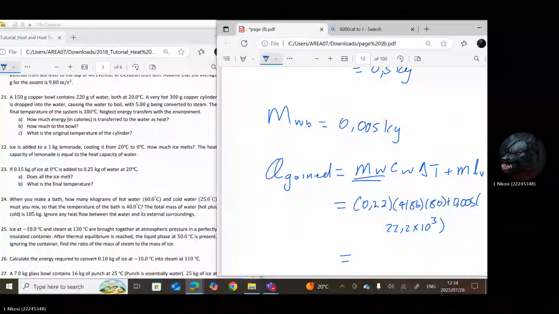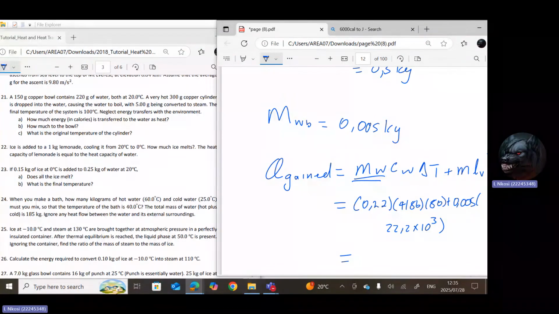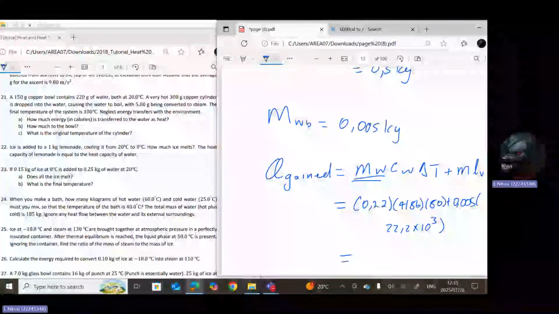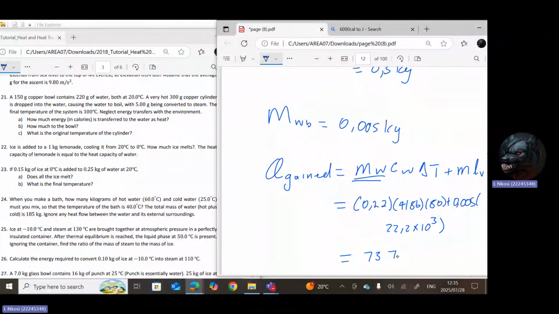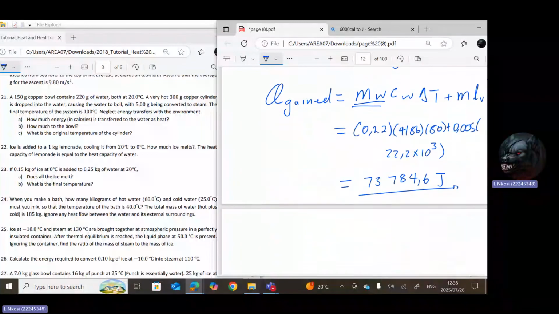The first part is for the water that was heated, and the second part is for the water that became steam. You get 73,784.6 joules of positive heat gained.